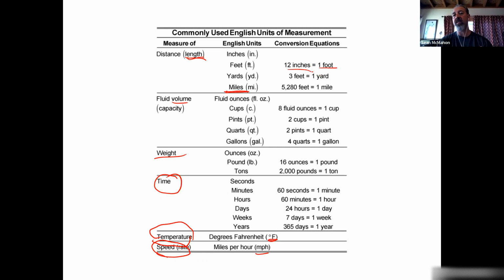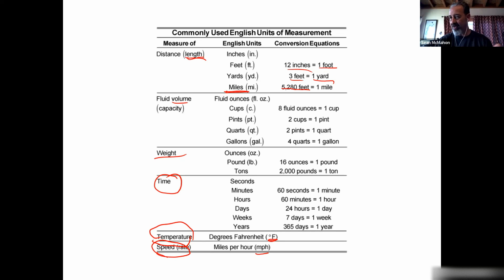So like me, I'm 6'3". If you play football and you have a longer distance, we got a 100-yard football field, but there's 3 feet. Like I said, if you're running a mile, that's 5,280 feet. You should know these because they're part of our system, and you should be able to interchange between them, okay?